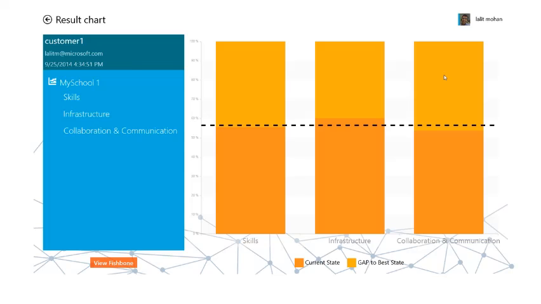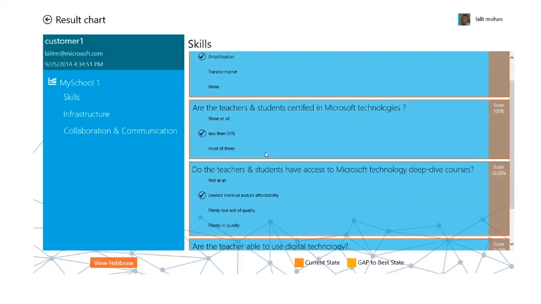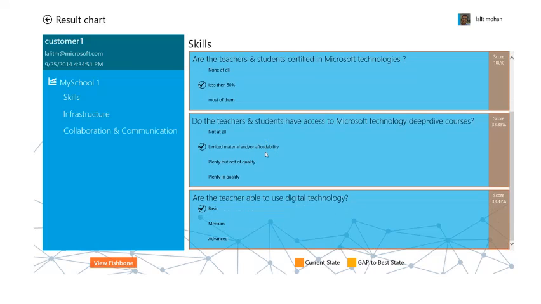Double clicking an individual section shows us the individual scores of various questions. For the skills section, the score for improvement is high, about 50%, as all the elements, literacy, awareness, and its use for teaching, are low at Customer 1.